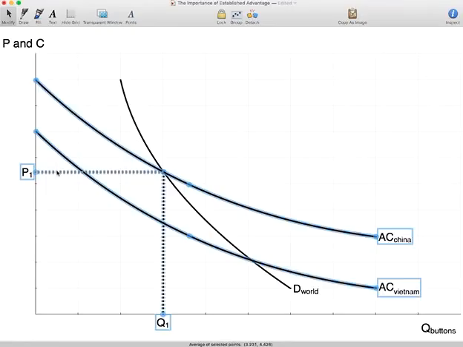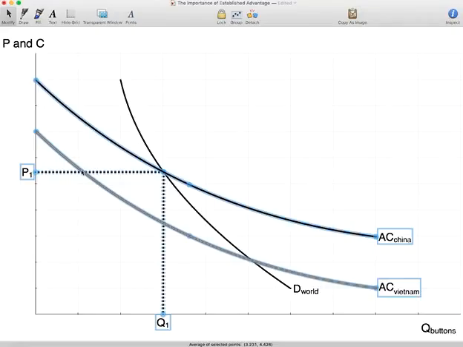As China has already established themselves in the world market, the Vietnamese at these beginning levels of production, you could see here along this line, the average cost curve, average cost at the initial stages is going to be greater than the price in the marketplace.